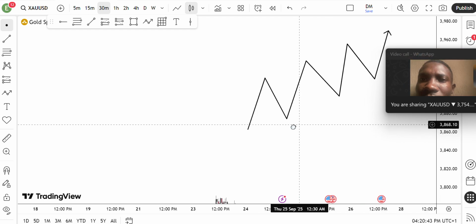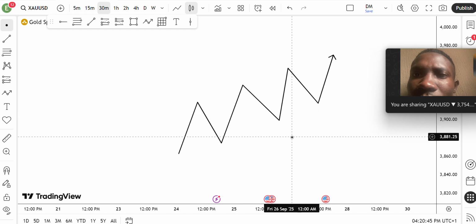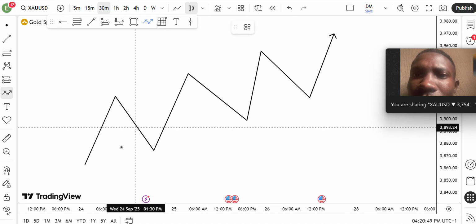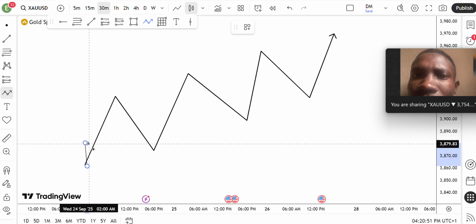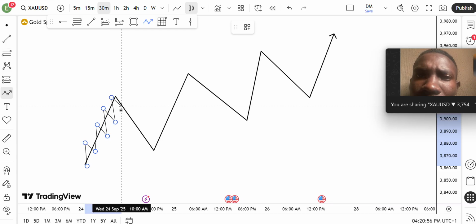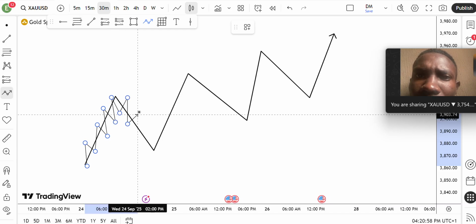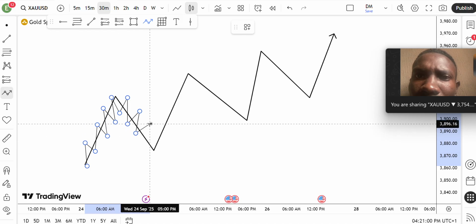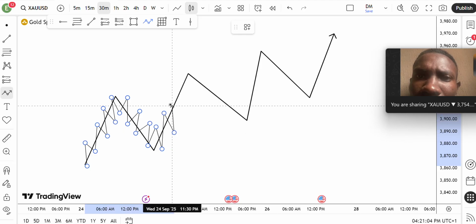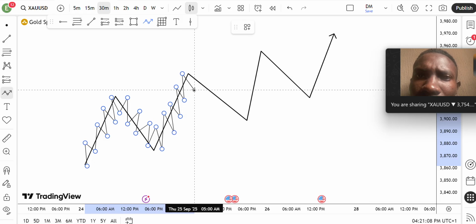So price has to be able to take some internal range liquidity. And what do I mean by internal range liquidity? I mean some of these particular things that are happening here, they are highs and they are lows.